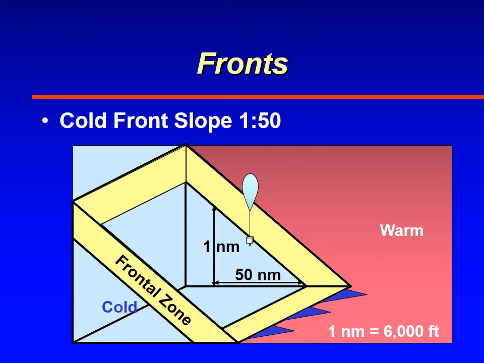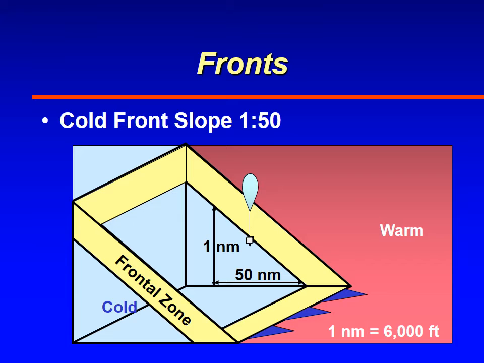And this is a three-dimensional representation of the front showing the warm and the cold air. This represents a cold front, and you notice that the slope of the cold front is pretty steep. We say that the slope is 1 to 50, and what that means is that for every 50 nautical miles that you move in back of the front, if you go up 1 mile, you should be able to find the frontal surface aloft above you.